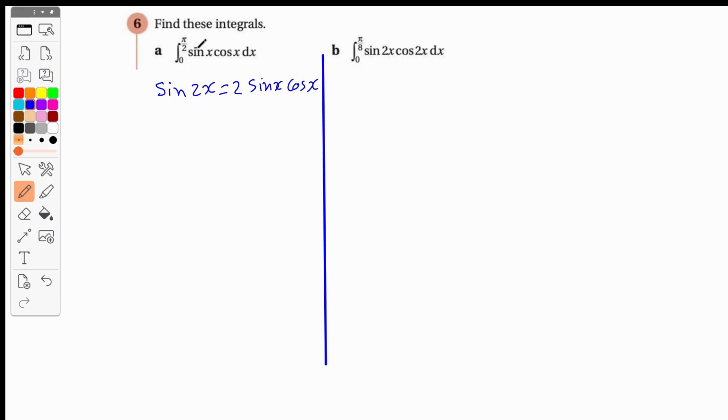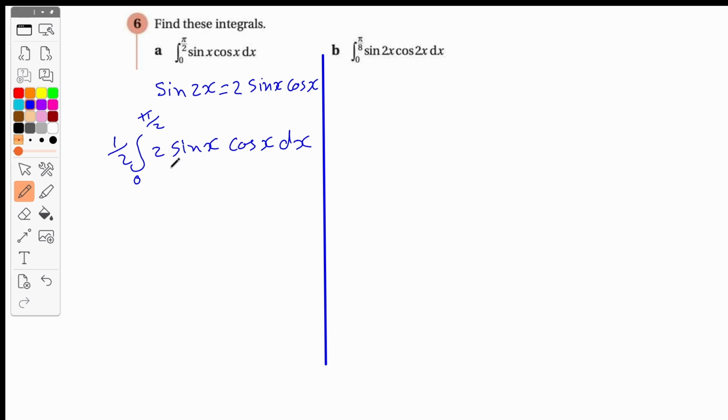Okay, just compare between this and this. Here sine x cosine x, but here 2 sine x cosine x. So this one could be written as what? The integral from 0 to pi over 2. If I multiply this by 2, 2 sine x cosine x dx, I have to divide outside by 2, okay?